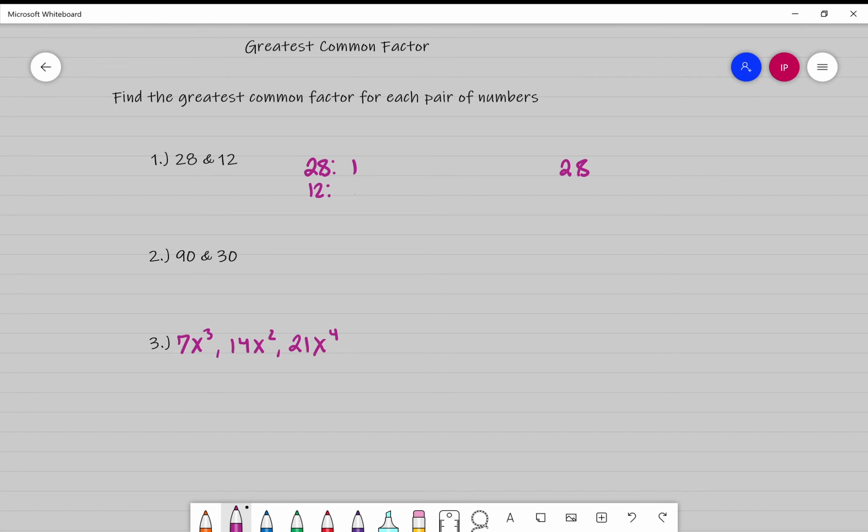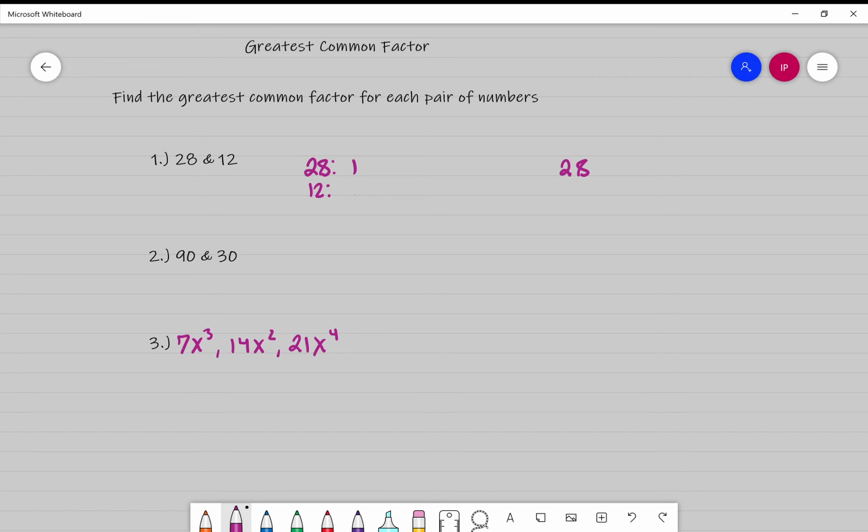You want to leave a nice little gap between the two numbers because you're going to be filling those gaps. Basically what we're doing is going up the number line, 1 through 9, and seeing how many times a number can go into 28.